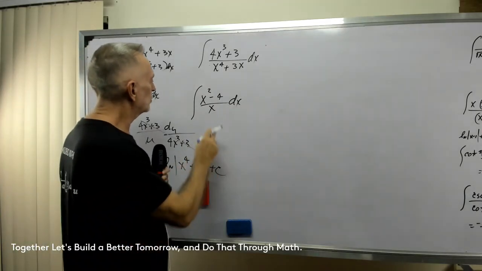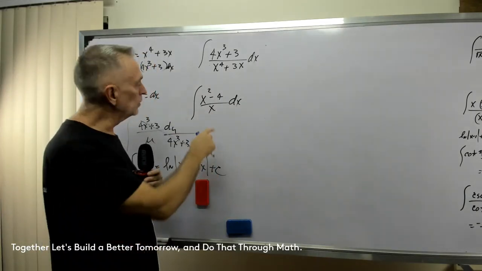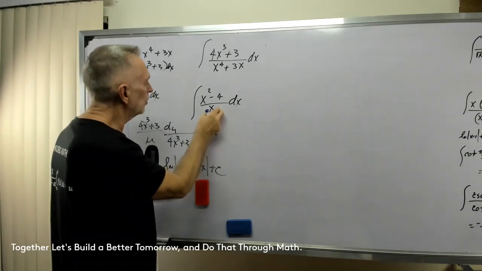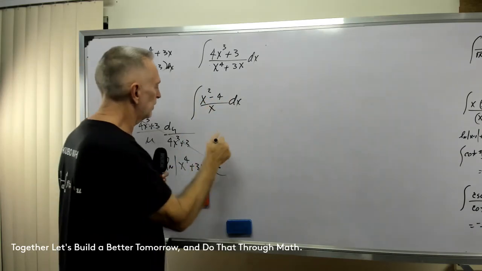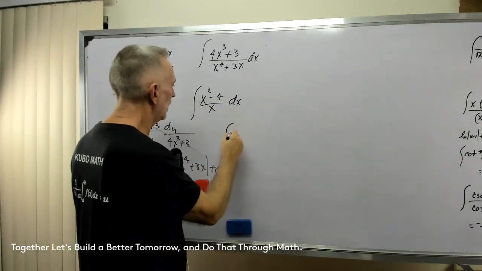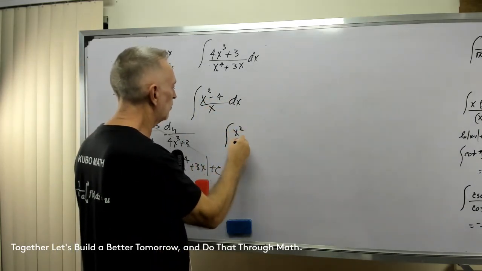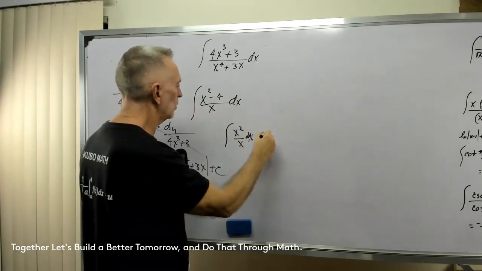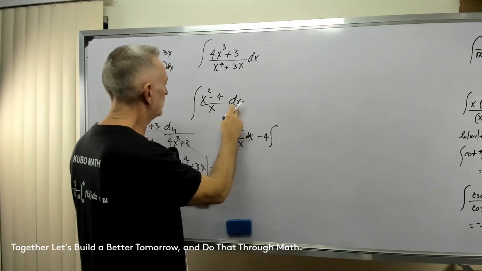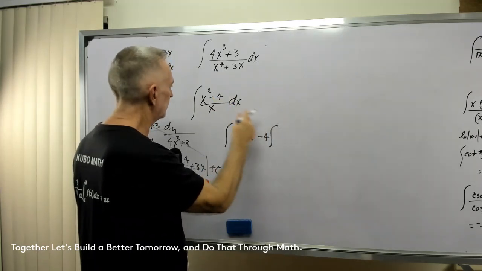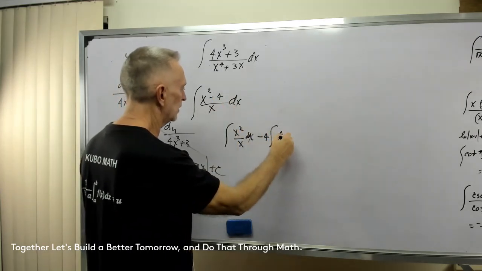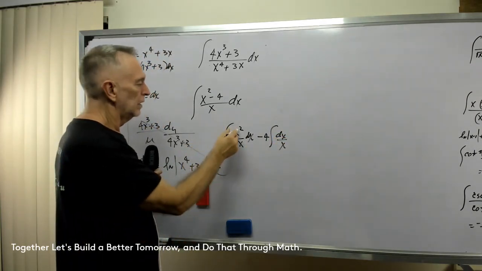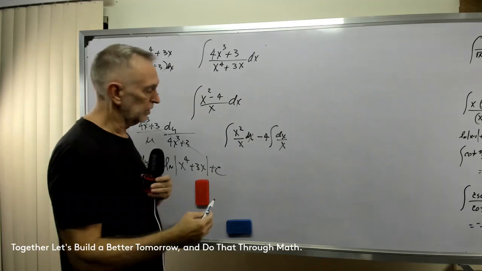This one here, how to handle this one? Well, since you only have one term in the denominator, you can put that term under each one of these. So I would have the integral of x squared over x dx minus 4 the integral of dx over x. X squared divided by x, we can simplify that.